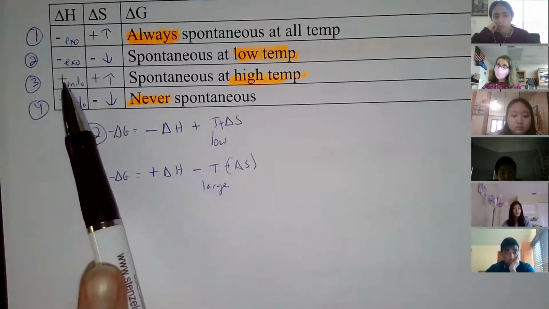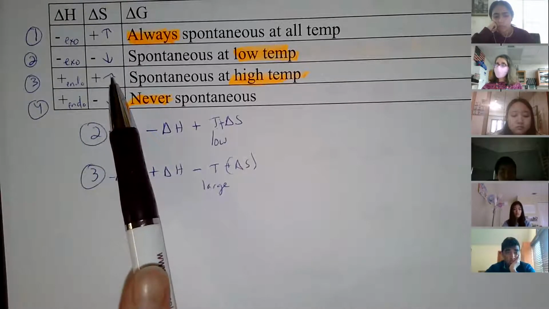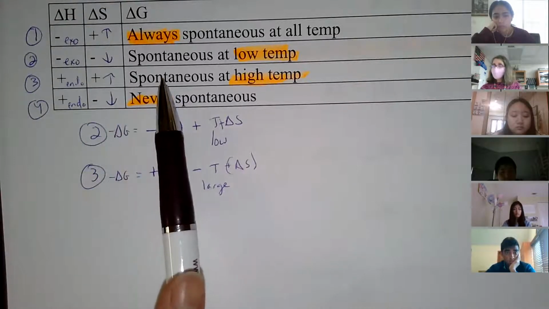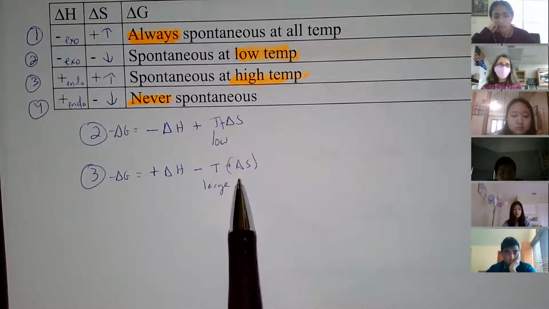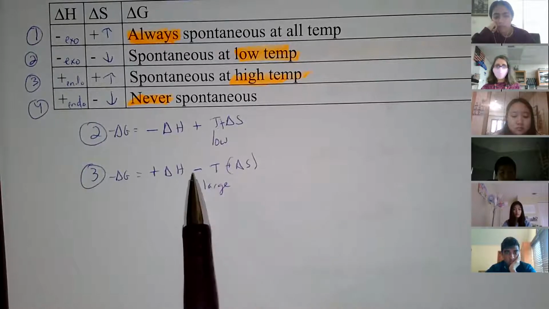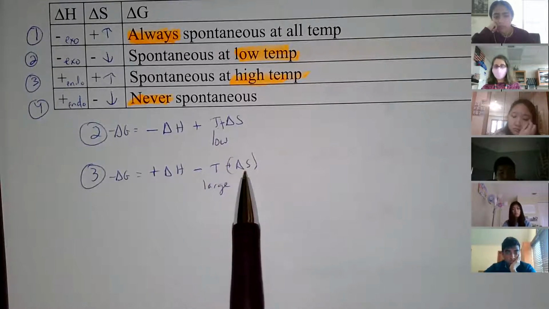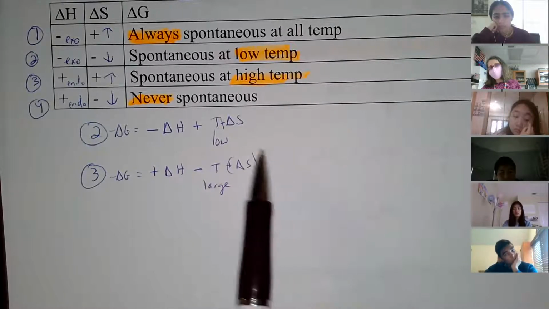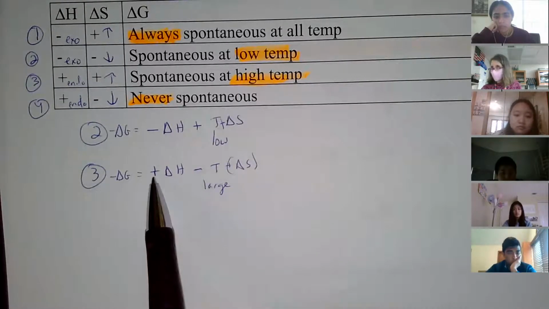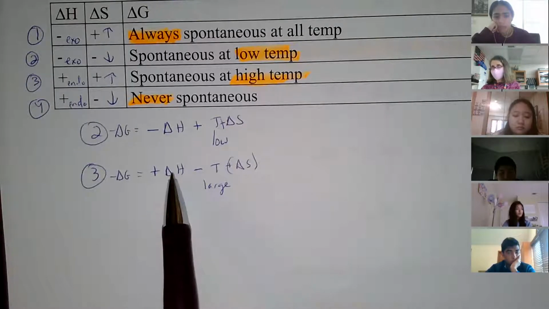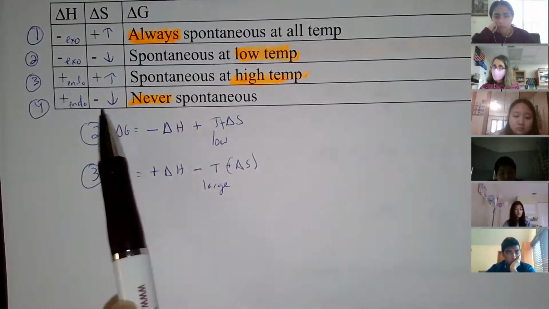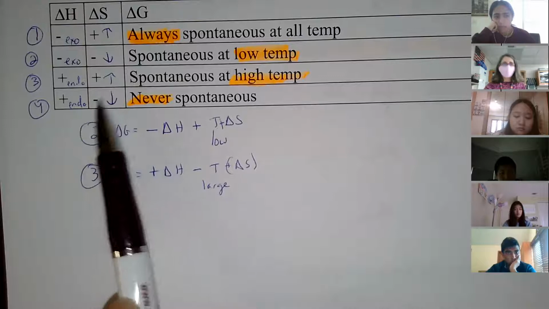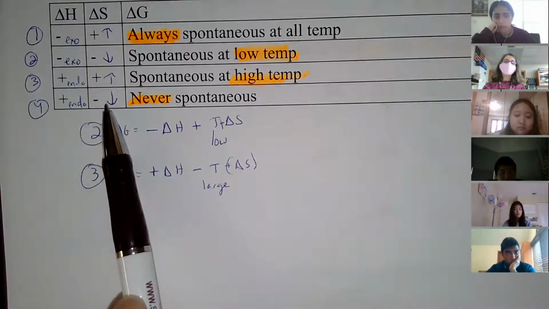If I have an endothermic process and it is an increase in entropy, that's a good thing. It's going to be spontaneous only at high temperatures. I want this part here because the S is going to be positive, so you have a negative T delta S. I want this to be a very big number so that it can overcome the positive delta H, so that it will end up being a negative delta G. What will never work is if you have an endothermic process and the delta S is decreasing, meaning you're becoming more ordered.